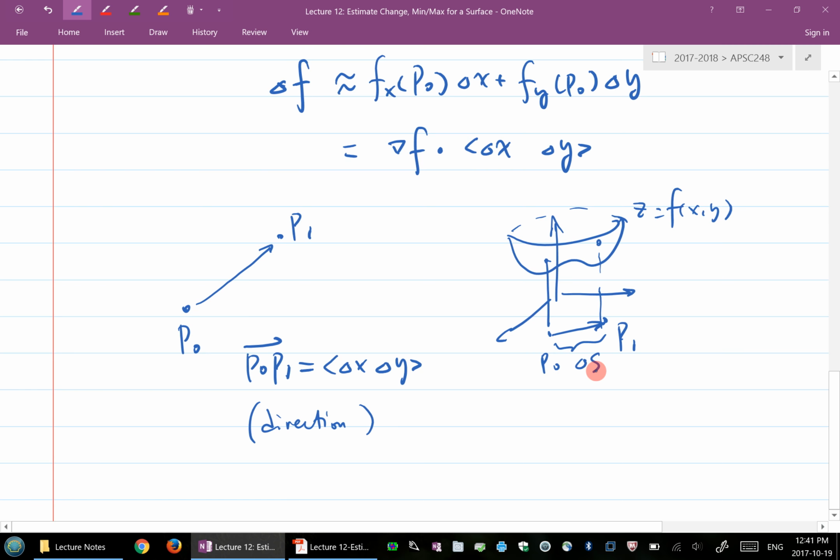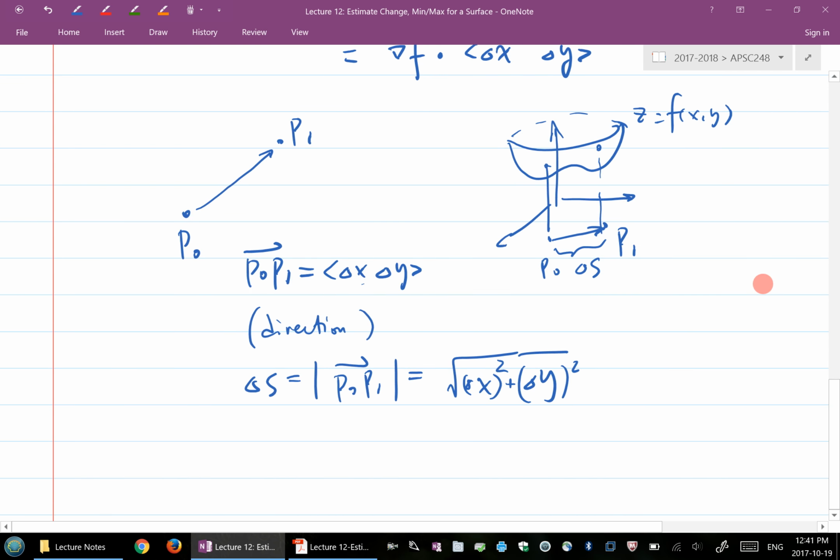So let's call this delta s. So the delta s here, you can calculate, is the norm of this vector, and delta s is the square root of delta x squared plus delta y squared. Okay. So now what I'm trying to do is transition into the third general case.